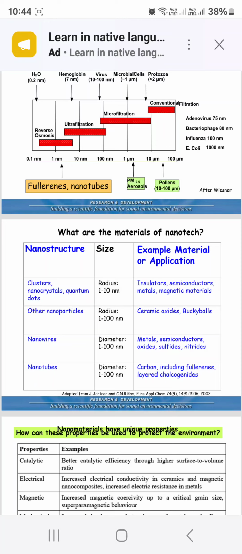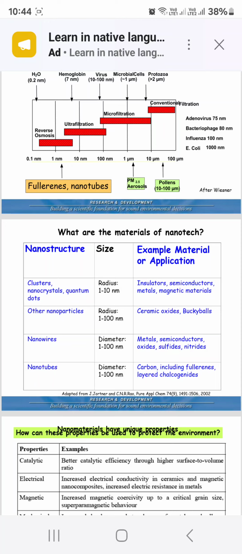When we create a nanomaterial from that bulk material, all the properties change entirely, like optical, electrical, and magnetic properties.